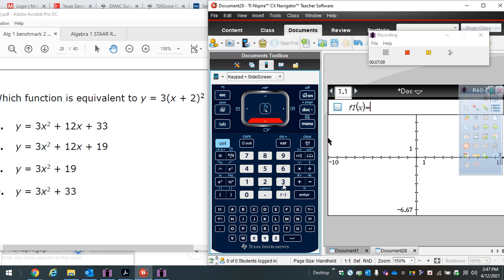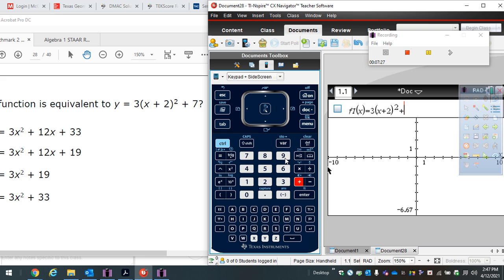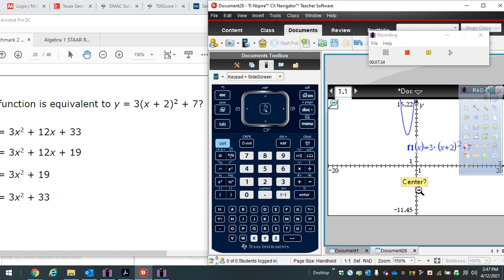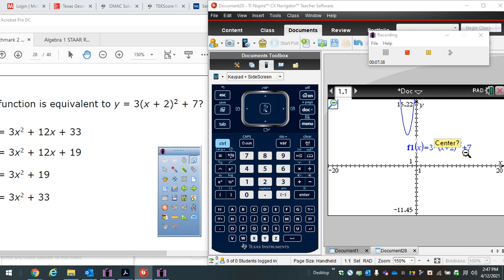Okay. 3 parentheses x plus 2 squared plus 7. And when I graph it, it's there somewhere. Menu, zoom out. There it is, okay. And that shows you there in blue, it's going to be that one right there.